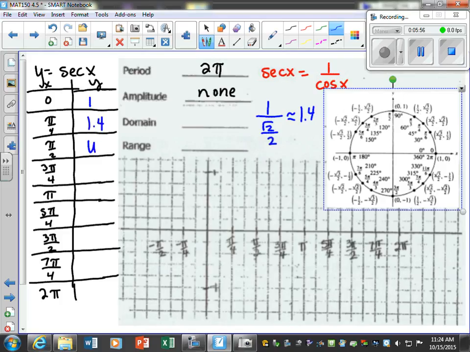Undefined, good. Then we go to 3 pi over 4, and we would get negative 1.4. At pi, you're going to have 1 over negative 1, which simplifies to negative 1. Pause it and work your way around the rest of the unit circle.